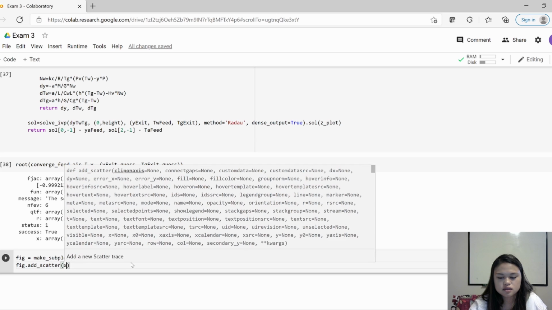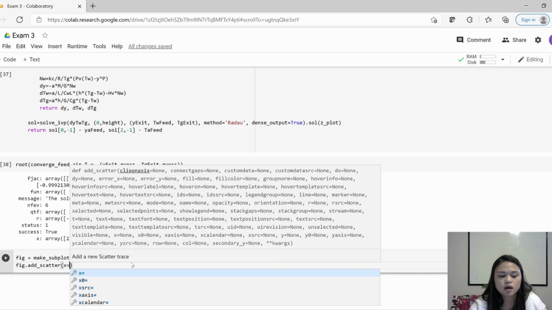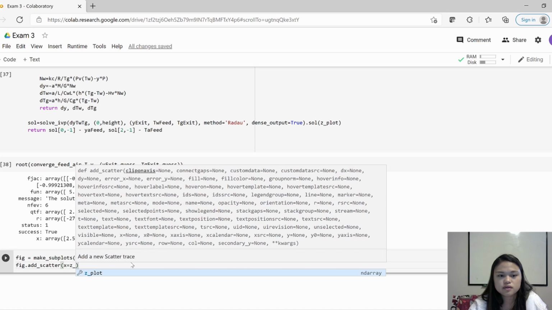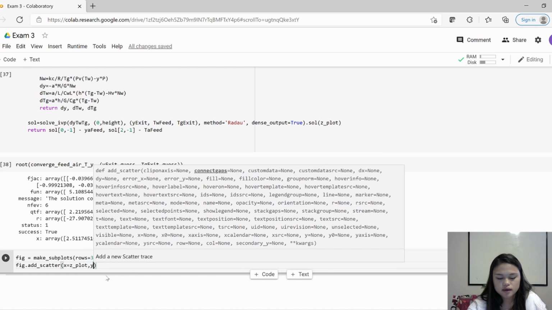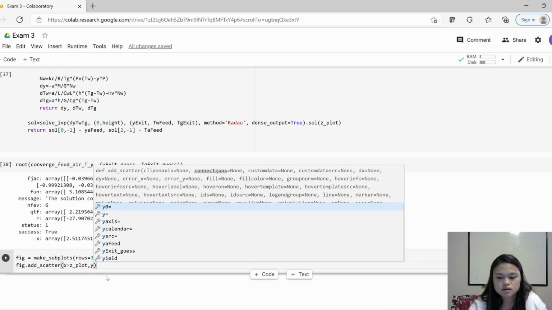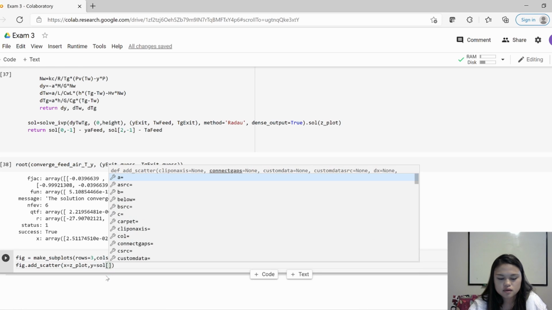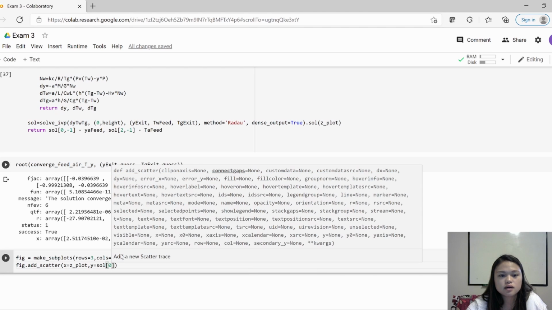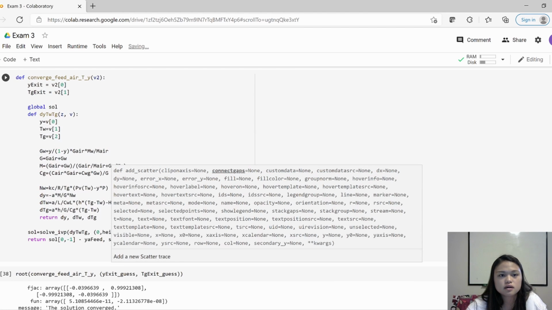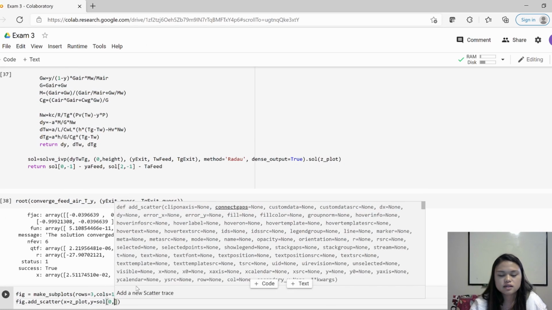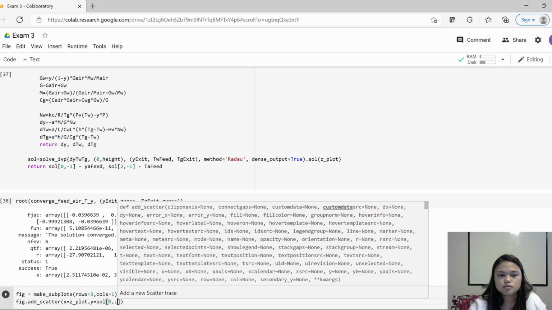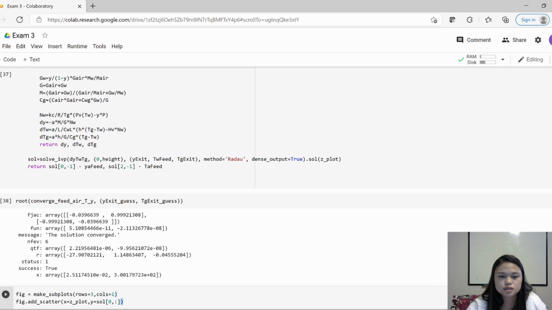And the x-axis is actually going to be that z underscore plot, that distance of the column for all of these subplots. And then the y for this one is going to be that first element, so we want that mole fraction first, and then instead of having the last value, we want to put in all of the values for plotting purposes.